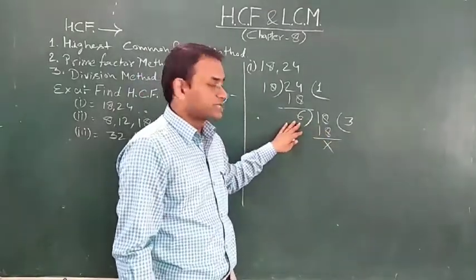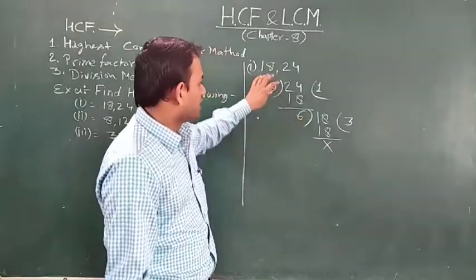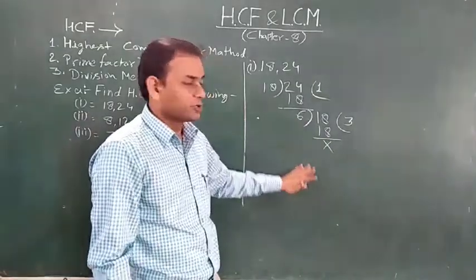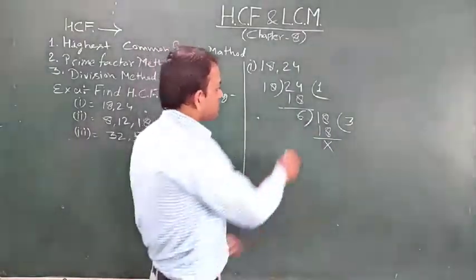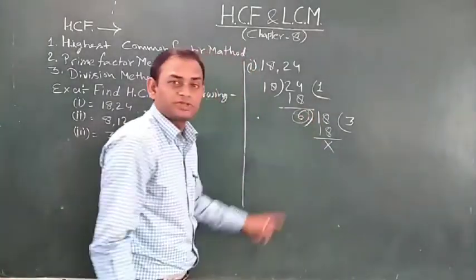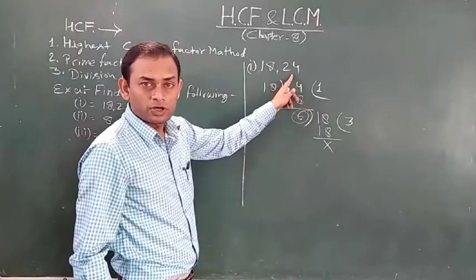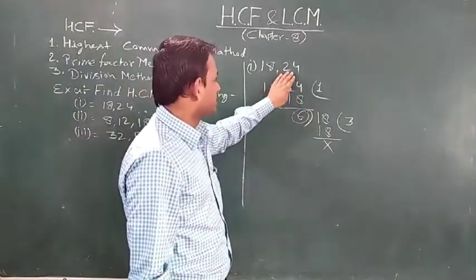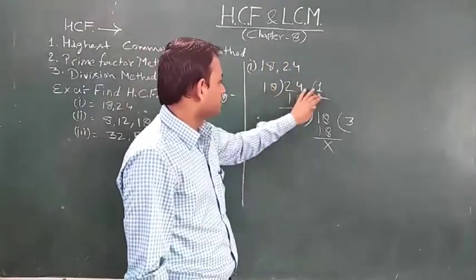We just keep on making the remainder the divisor and the divisor the dividend. Got it, everyone? We keep on dividing until we get 0. So this 6 is the HCF of 18 and 24. I am just telling you once again. First of all, you will divide the larger number by the smaller number. 24 divided by 18, 18 ones are 18.